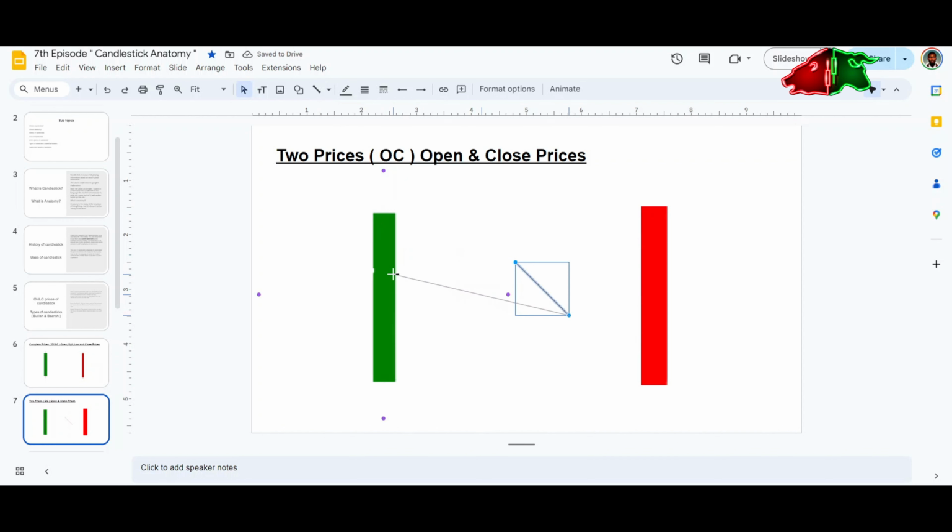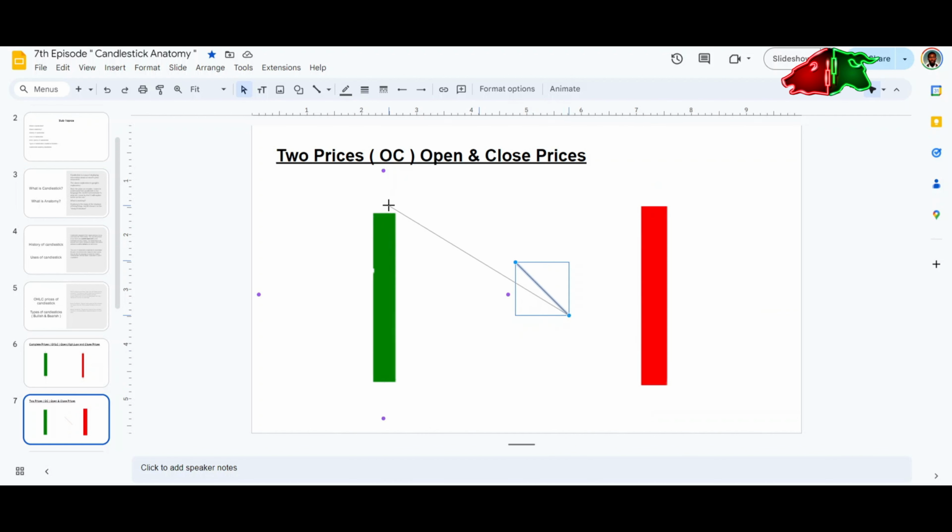All right, so see, no wick here. This kind of candlestick doesn't have the 4 complete prices. They only have 2: the open and the close. Easy.